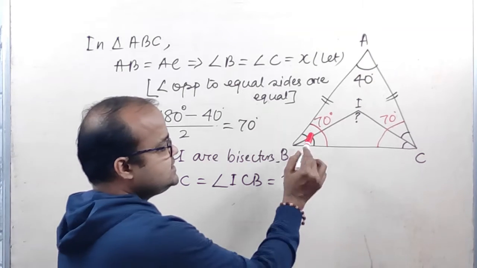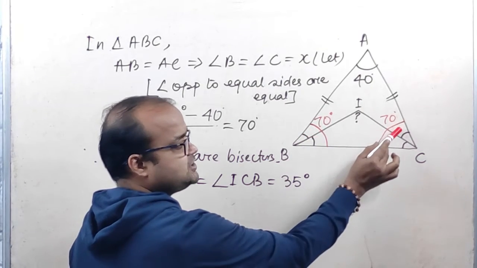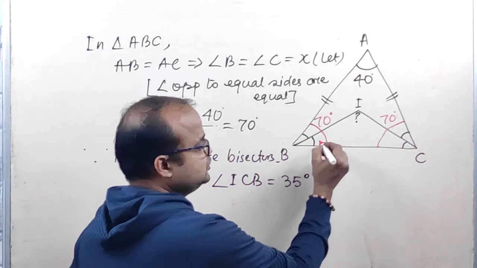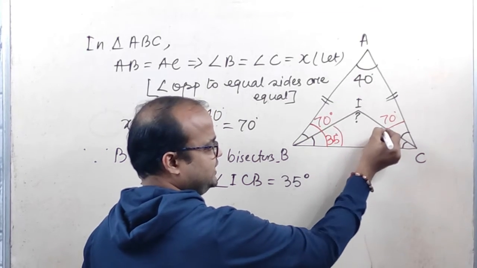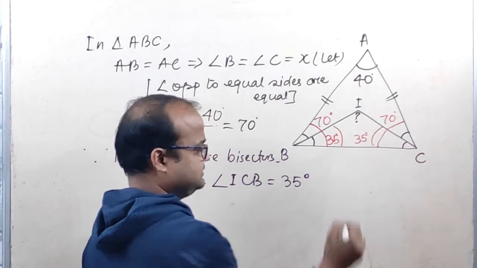Since these two are bisectors, this is 35, this is 35, this is 35 and this is 35. So these two angles are 35 degree.